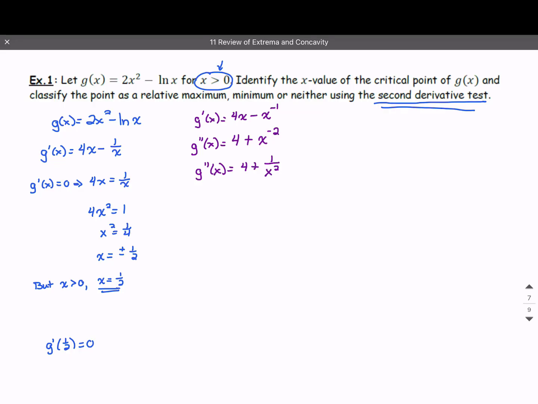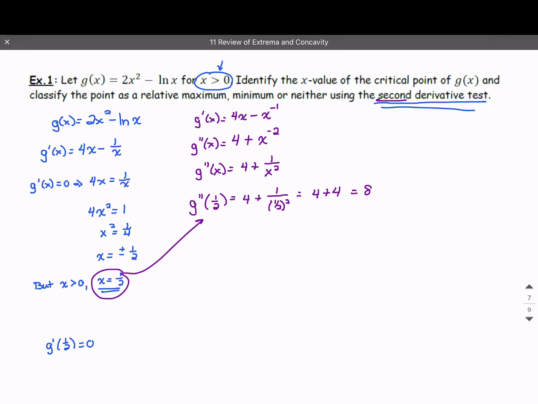Now to use the second derivative test, I need to find out whether the second derivative at this critical point is positive or negative. So we're going to do 4 plus 1 over 1/2 squared. Now, we can go through and do this arithmetic, because that's going to be 4 plus 4, which is 8.